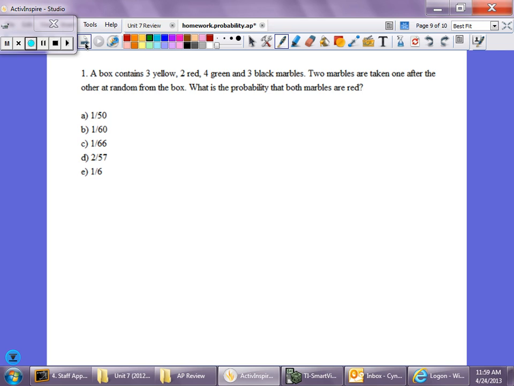A box contains 3 yellow, 2 red, 4 green, and 3 blue marbles. 2 marbles are taken one after the other. What is the probability that both marbles are red? The only hint here is that we're not using replacement. So our second probability will be conditional based on what happens in the first one.